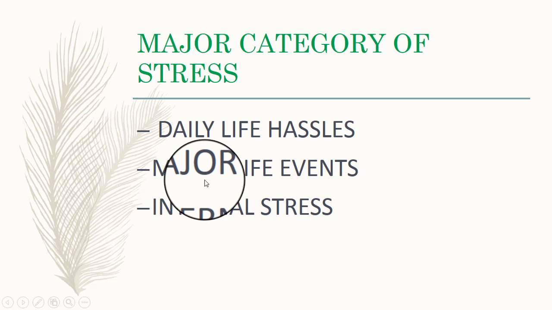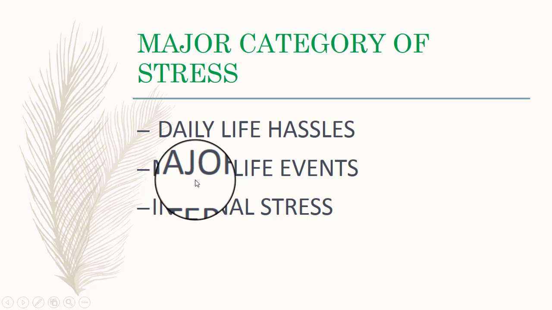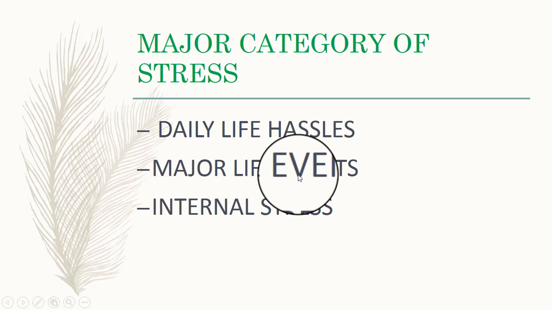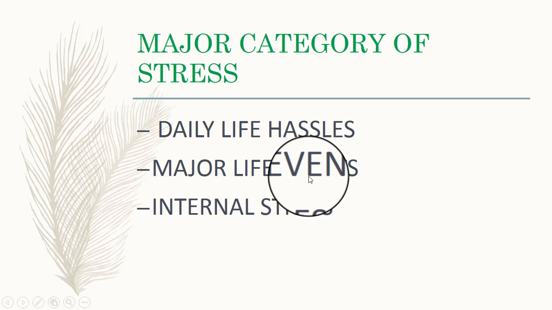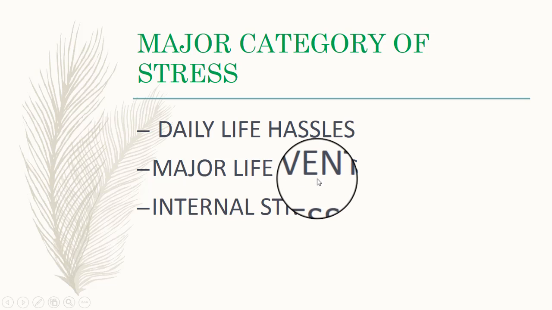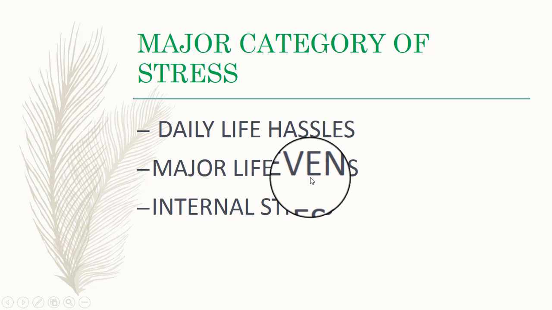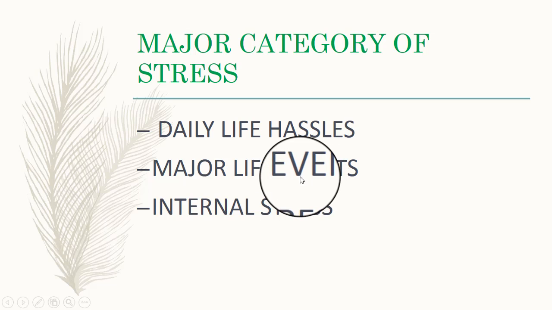Now next, that is major life events. They are either positive or negative, and they create major emotional changes or require a tremendous amount of adjustment. They include personal crisis.